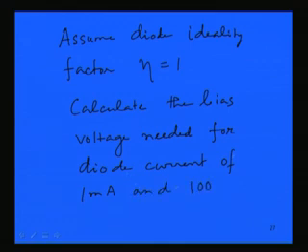So, these three cases, first of all it is given at 10 milliampere, then you have to find out for 1 milliampere and 100 milliampere at the same temperature. Temperature does not change.